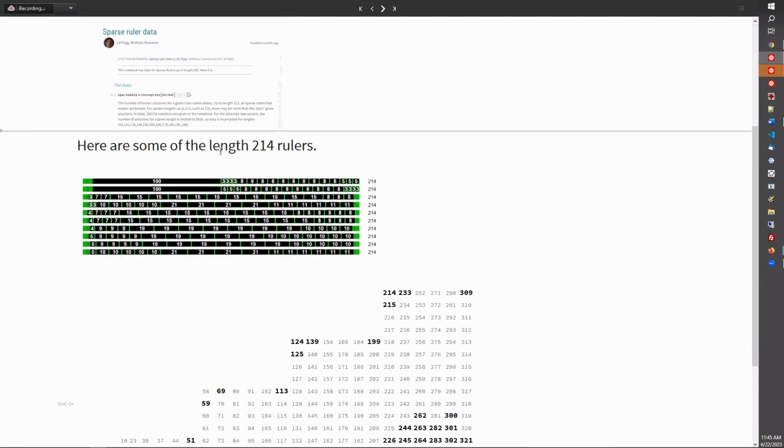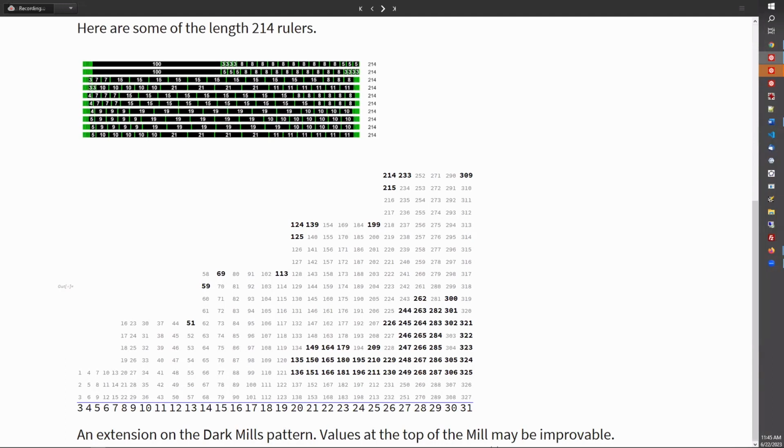So in there, you can see various things like, here's a whole bunch of length 214 rulers. And here's an extension to the Wichmann pattern. Everything is proven up to 213. This is what it looks like one block after 213.